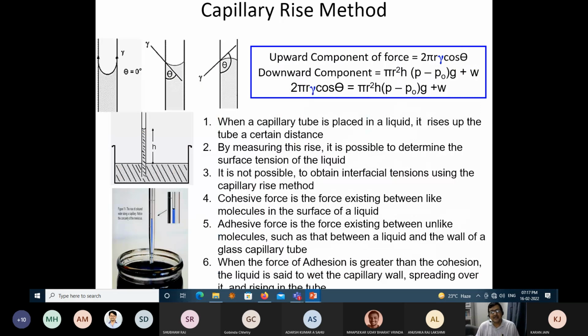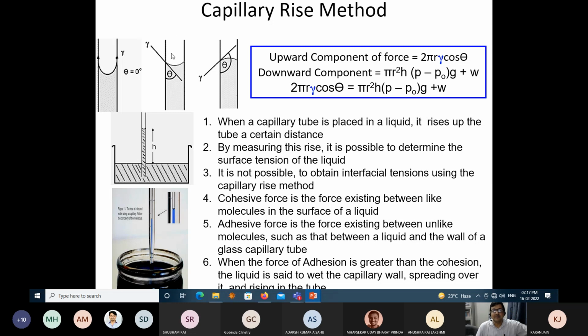You measure contact angle like this. You also measure using a capillary rise method. What is the method here? You take a glass capillary. Say you have a water bath, you put it in, and then what happens? You measure the rise. So what is the upward component of the force? You know that this is the theta angle, and then 2 pi r is the perimeter, times gamma, so 2 pi r gamma cos theta is acting in this direction.